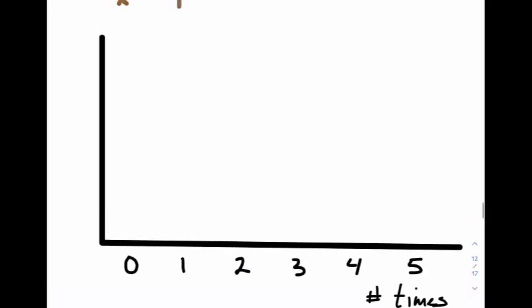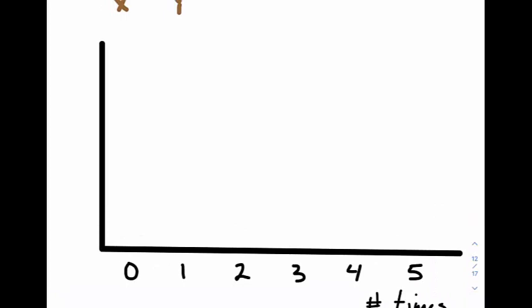Alright, now what we're going to do is make the adjustment for the y-axis, and remembering for 3 times, that was at 14. So what you could do is count by 2s. 2, 4, 6, 8, 10, 12, 14. I don't really like my scale here, so I'll adjust this.